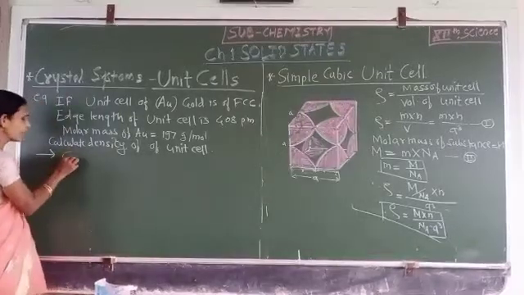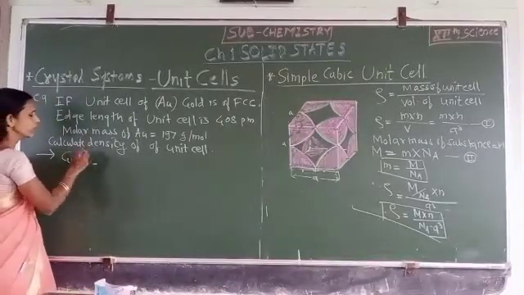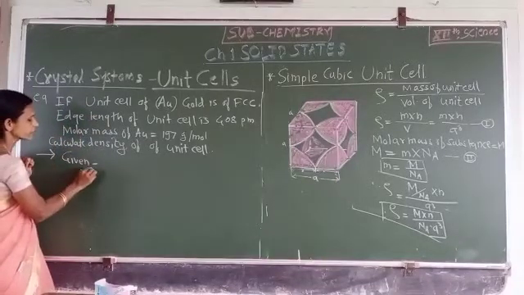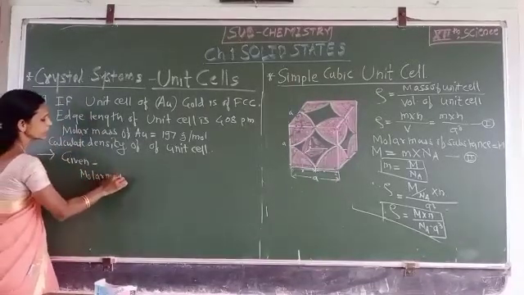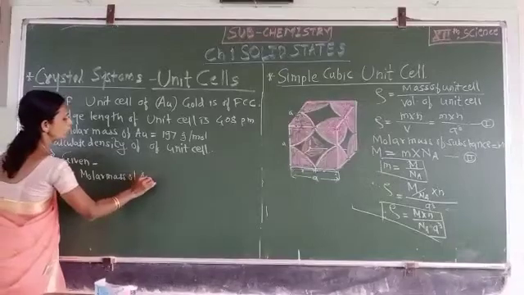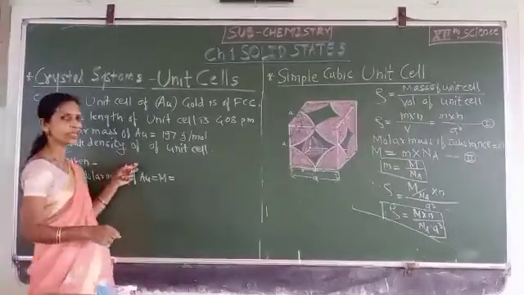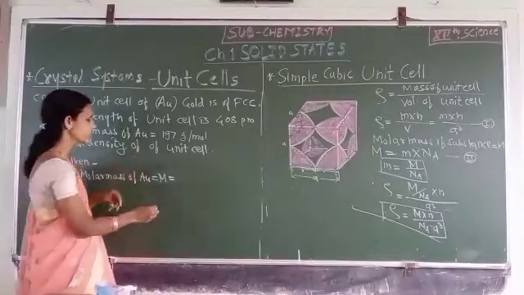First of all, write the given values in this example. See here, the molar mass of Au, that is capital M, is given here.